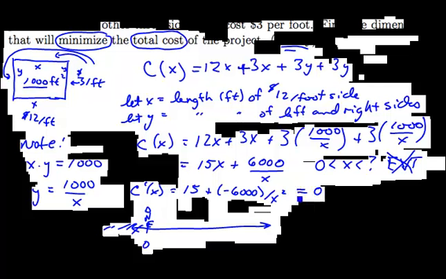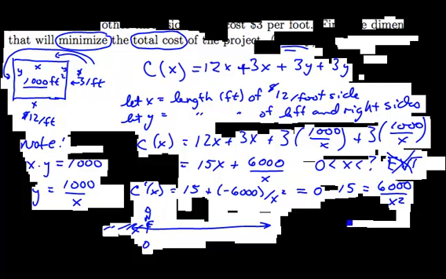All right, and so x is going to be equal to plus or minus the square root of 400, which is 20. And of course, the positive square root's the only one that fits in here. So there will be a derivative value of 0 at x equal 20.